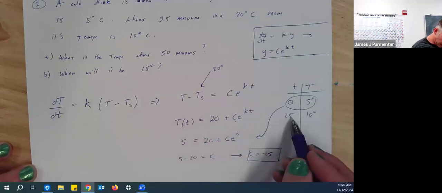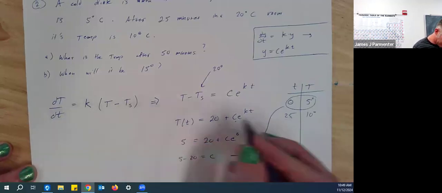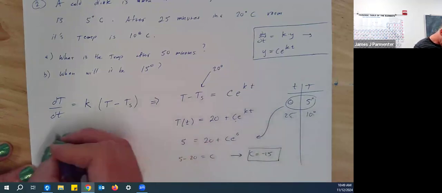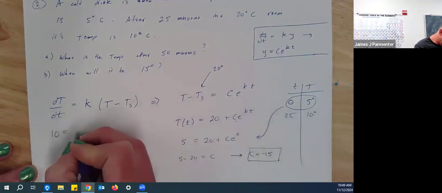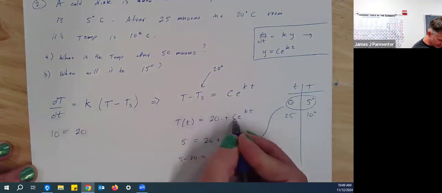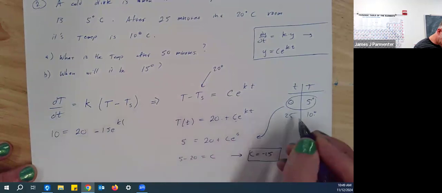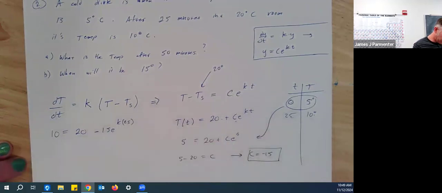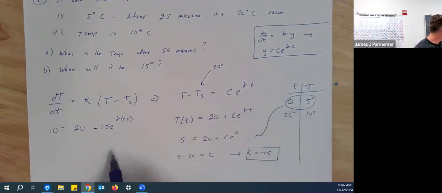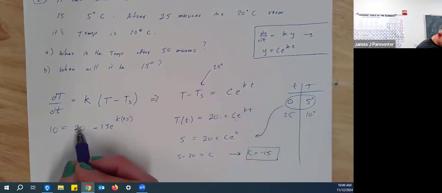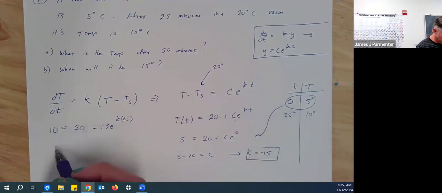So then we're going to plug in 25 for the time and 10 for the temperature. So we're going to get 10 equals 20 plus -15 e^(k times 25). And now we're going to solve for k. Be careful here; you have to make sure you do the order of operations correctly. We're going to subtract 20, then divide by -15.